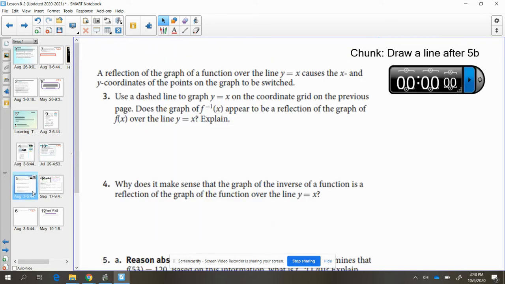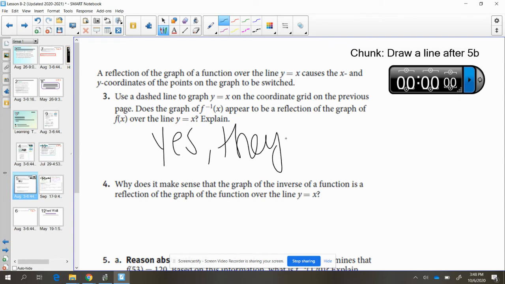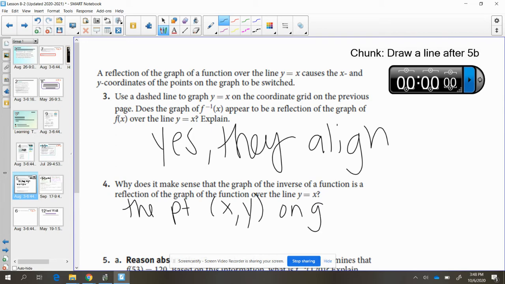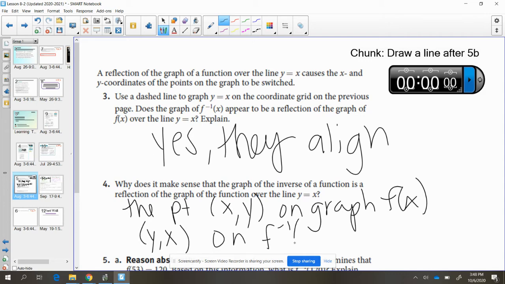And the other thing we notice is that not only are they a reflection over y equals x, but the point x comma y on the graph of f of x is now y comma x on the graph of f inverse of x.